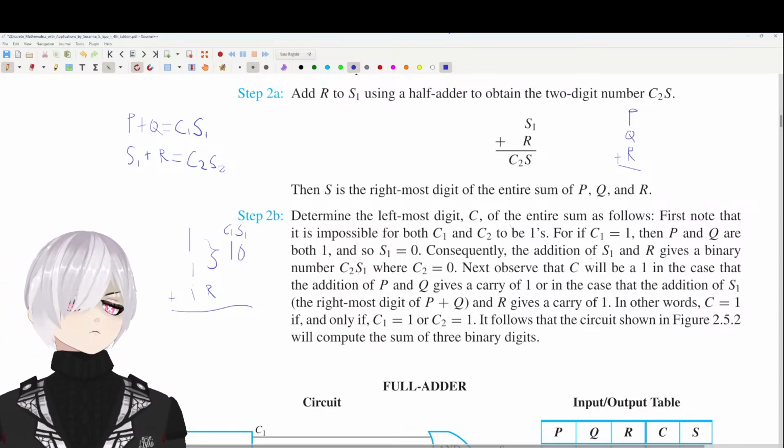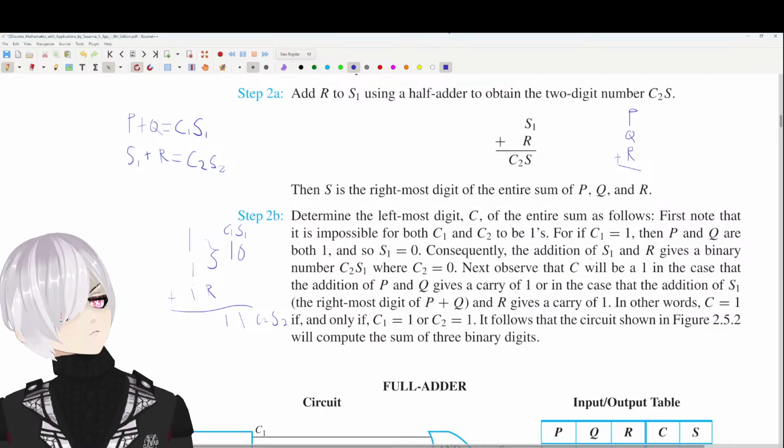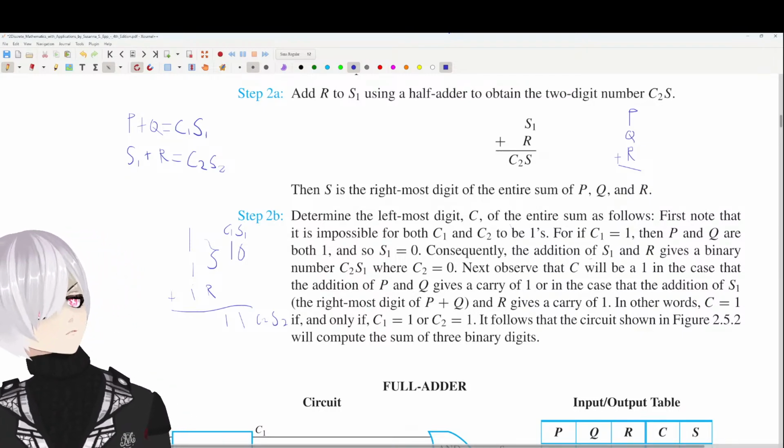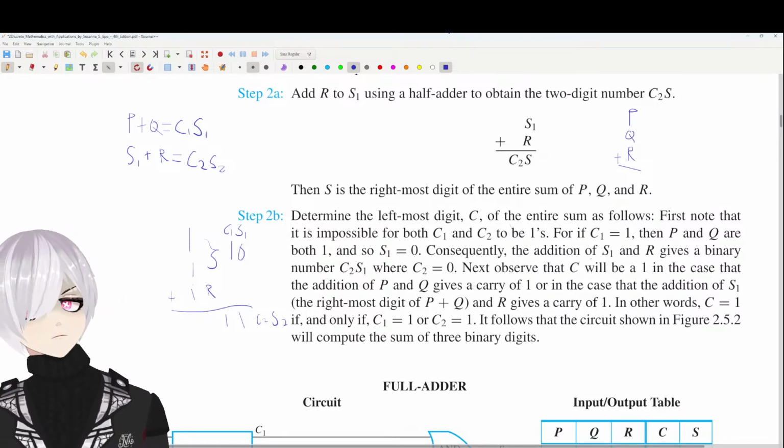S1 plus R. I don't know why S1 plus R. Why does C2 have to be 0? Let's see. C2.